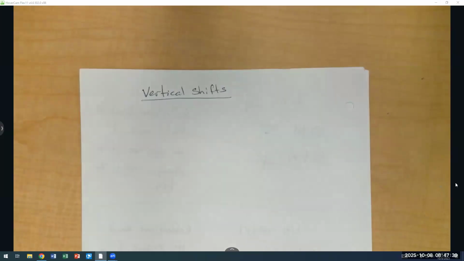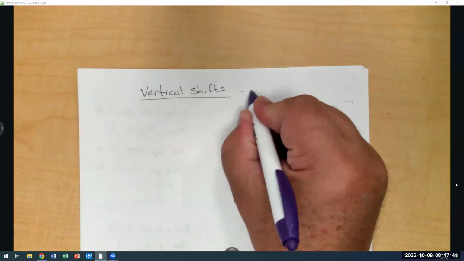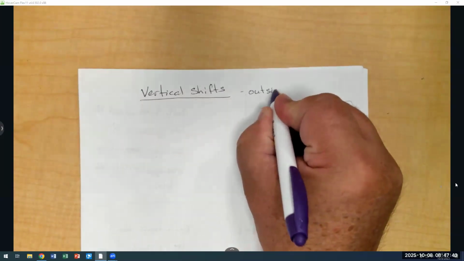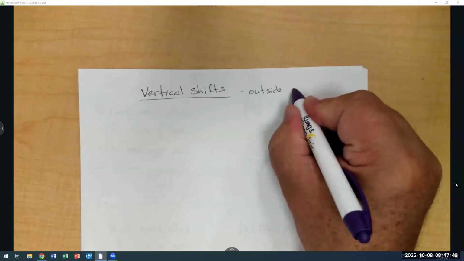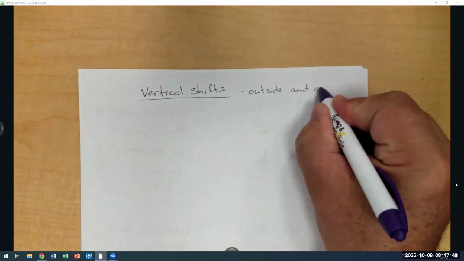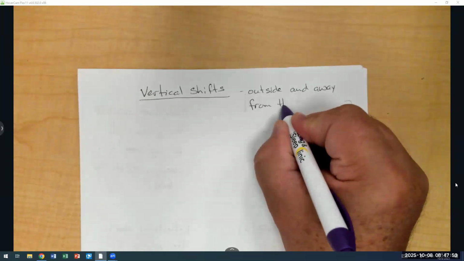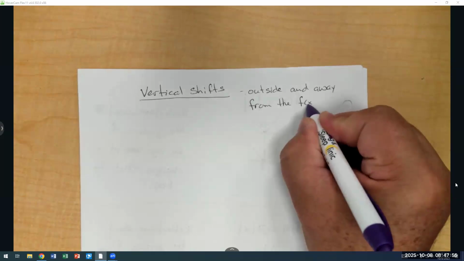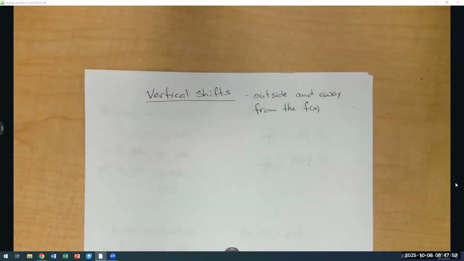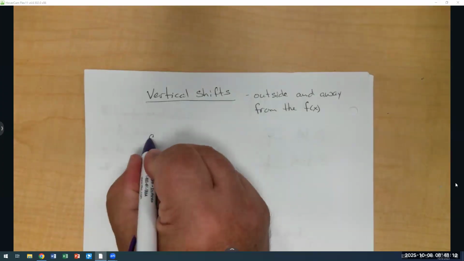A vertical shift happens outside and away from the function. Happens outside and away.